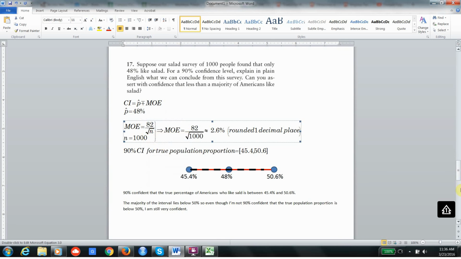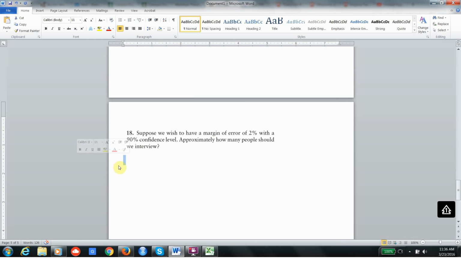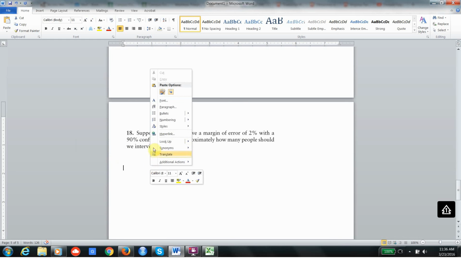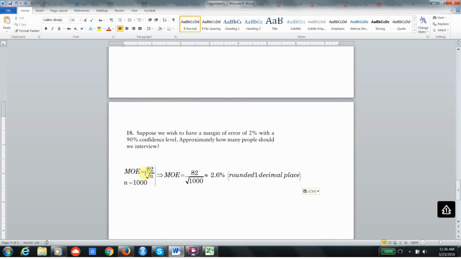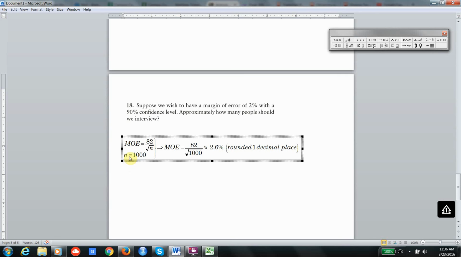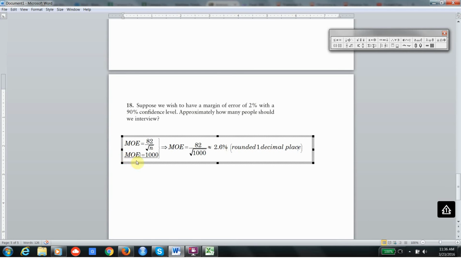The 90% confidence interval is going to be 82. And I'm basically going to solve for the sample size. I know here that the margin of error is going to be 2%. And I'm just going to go ahead and solve for n.